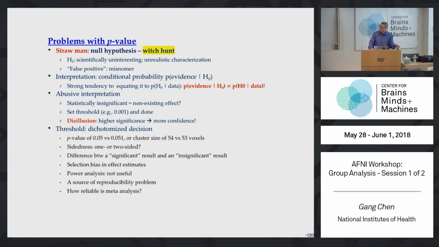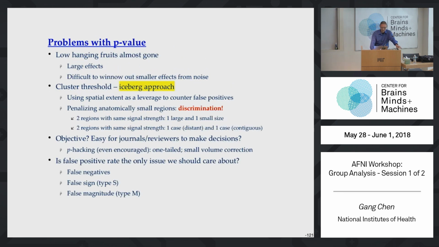There are many things people have been criticizing about this, called NHST, null hypothesis significance testing, or this dichotomous decision. Let's put those criticisms aside. From a practical perspective, applied to the typical FMRI analysis, when you make a decision about a cluster, the current approach is how to control the false positive.